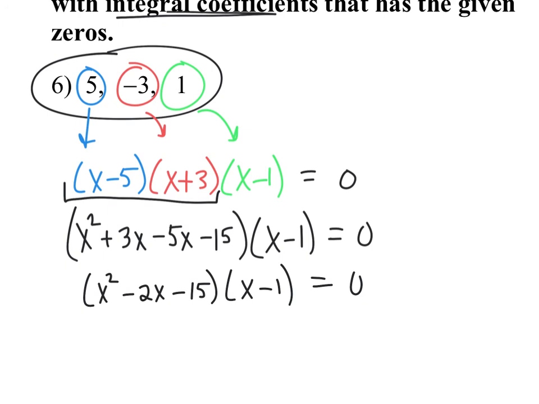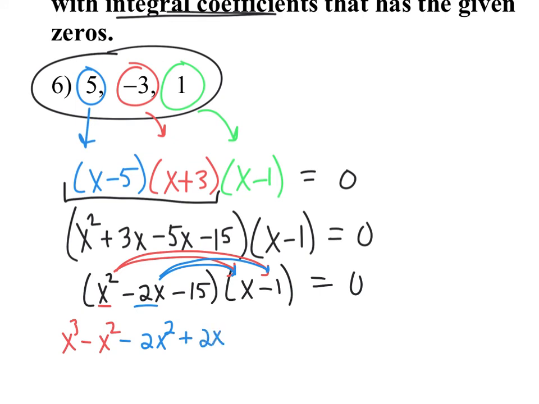And now let's multiply this all out. I'm going to distribute the x squared first. So x squared times x is going to be x to the third minus x squared. Then let's distribute the minus 2x to each of those. So minus 2x squared, and then a plus 2x.